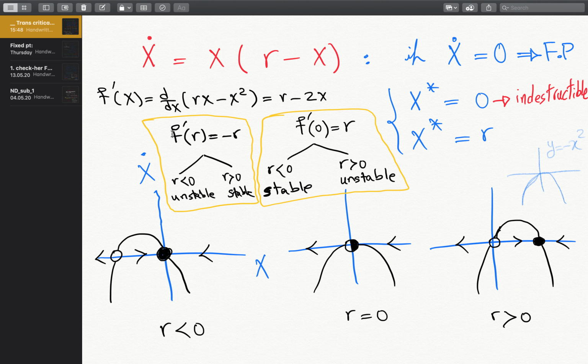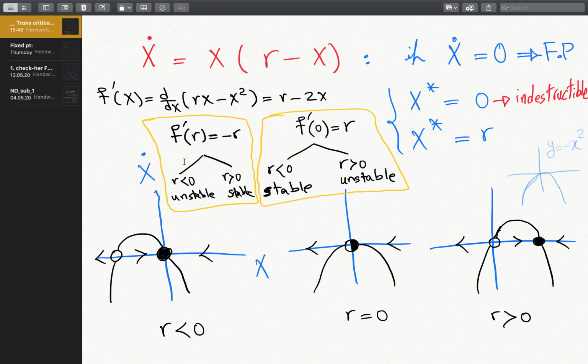However, for the other fixed point, f prime is negative if r is positive, therefore it is stable. And if r is negative, then f prime is positive, therefore it is unstable.